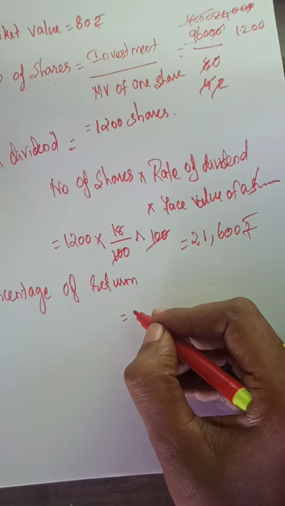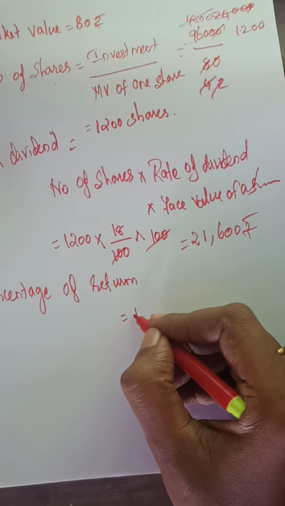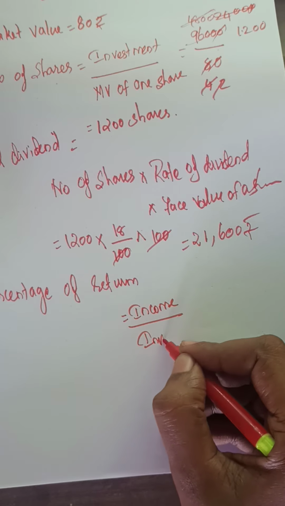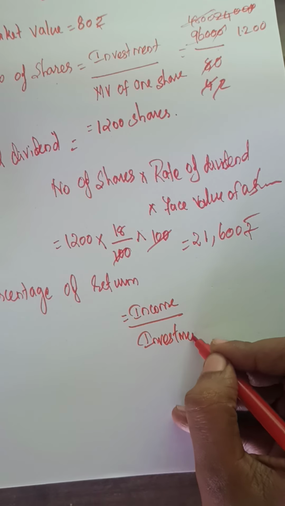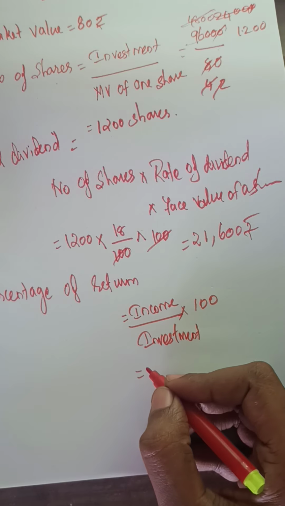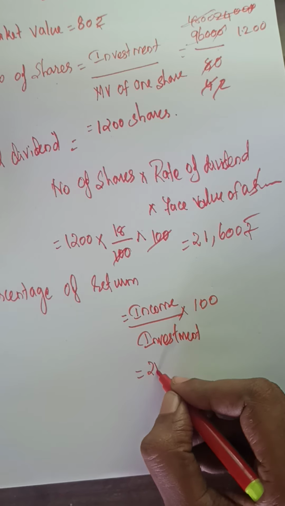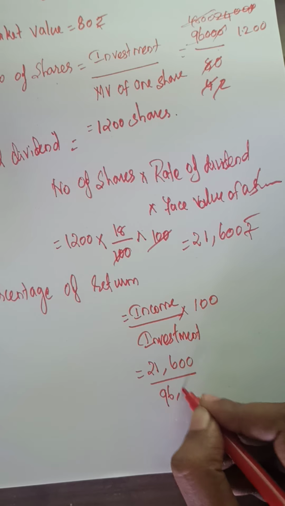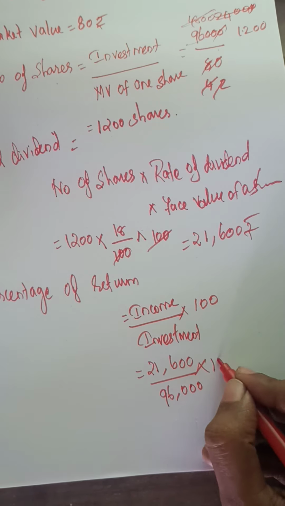Percentage of return is equal to, I know the formula, income divided by investment into 100. Income divided by investment into 100. So what about the income? 21,600 divided by 96,000 into 100.